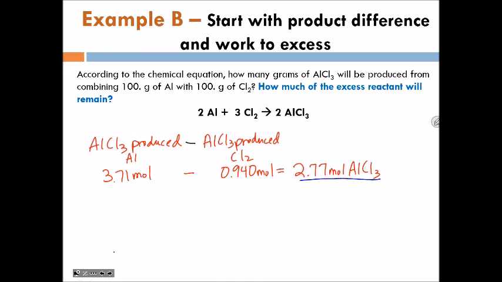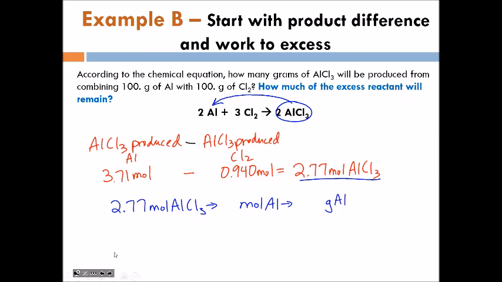You take this one and you work it over here to the grams of the aluminum. So I start with my 2.77 moles AlCl3. I'm going to go to moles of the aluminum. Then I'm going to go to grams of the aluminum. Setting it up this way, this makes my excess problem a little bit shorter.